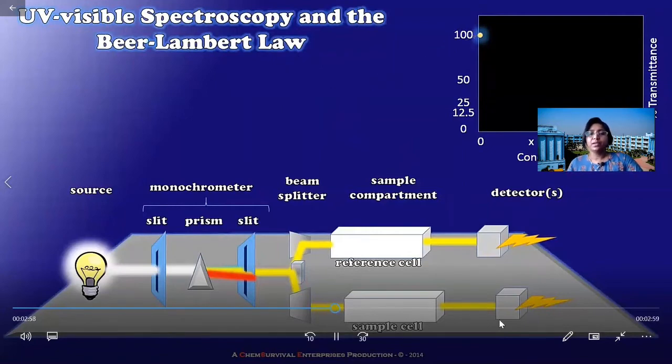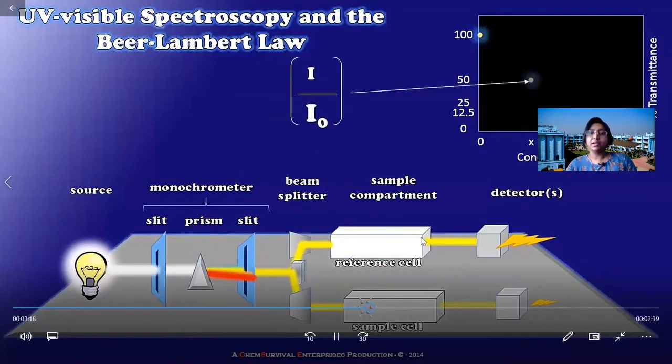Next, say we put a sample in the sample cell, any organic molecule. What will happen? Say it can absorb the yellow light. Then the intensity of the transmitted light will be reduced, so in this case we are not getting 100.